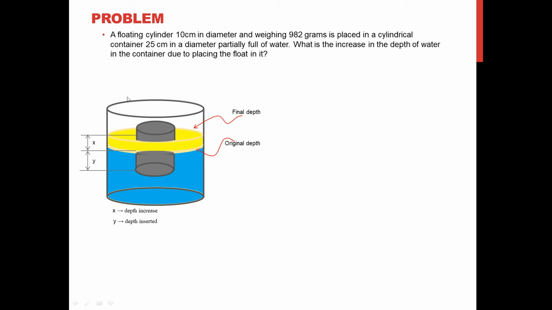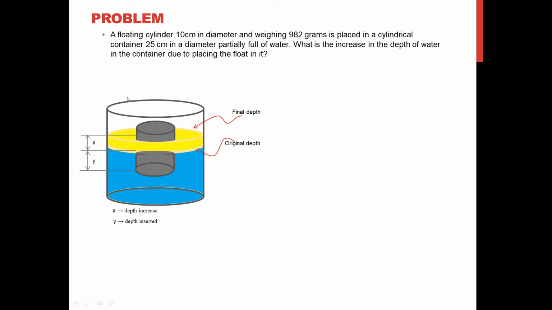Why do we need to indicate the depth inserted? Because in Archimedes' principle, we are concerned with the total submerged volume. Hence, we are concerned with the total submerged height. And the submerged height here will be x plus y.